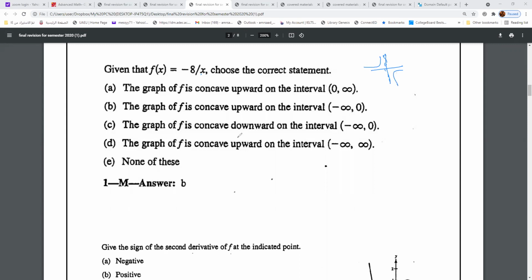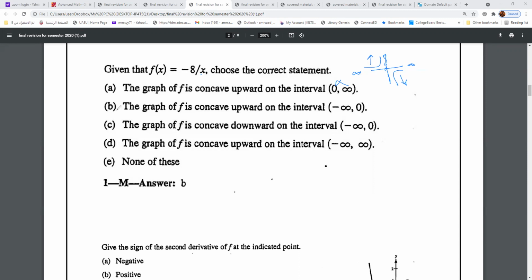Since all of the given choices are talking about the concavity, I have to describe the concavity or find the interval in which the function is concave upward or downward. From negative infinity to 0, the function is concave downward.